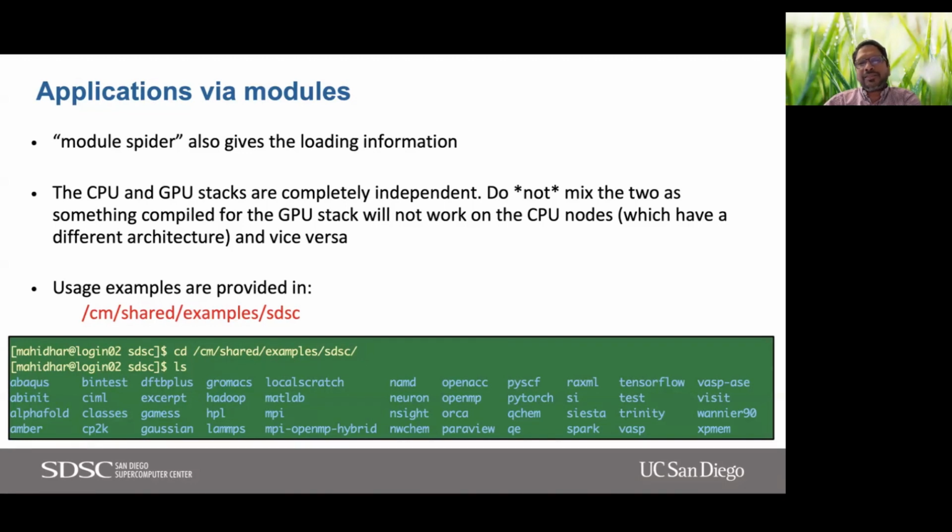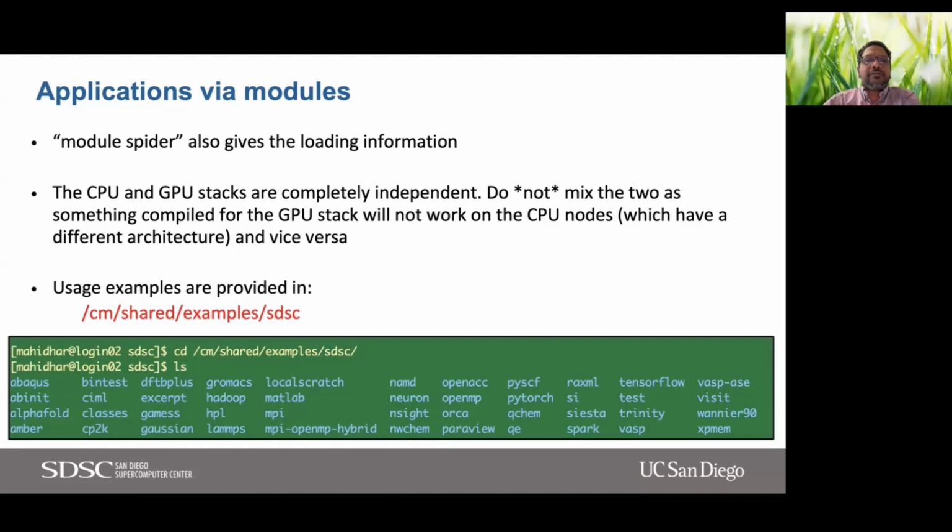You cannot mix something that's compiled for the GPU stack on the CPU stack and vice versa. This is because the processors support different AVX versions, for example, and different binary levels. The Intel processors support AVX-512. So if you build with that, you will pick up those AVX-512 flags from our modules.